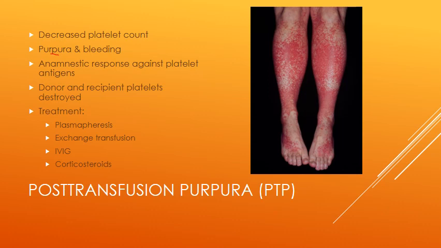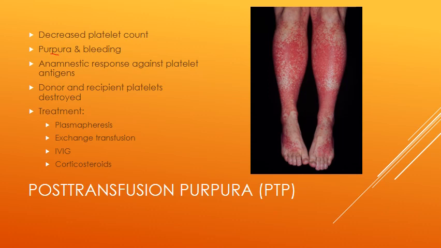Okay, this is actually usually an anamnestic response, so a memory response that already exists, and it's likely associated with a platelet antigen. It's a high incidence platelet antigen called HPA-1A. Most of the population expresses that. About 98% of the population expresses HPA-1A on their platelets.